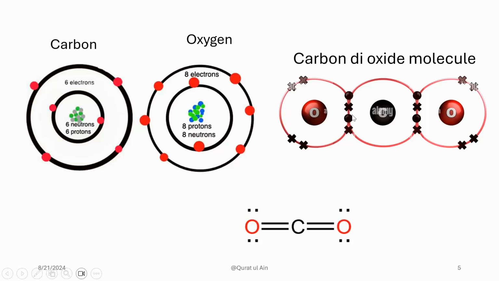The carbon will make a double bond with the oxygen atom, and we can show this double bond with two lines. Then the remaining unpaired electrons, the lone pairs of electrons present in the oxygen atom, we can show with dots. So this is how we draw the Lewis structure.